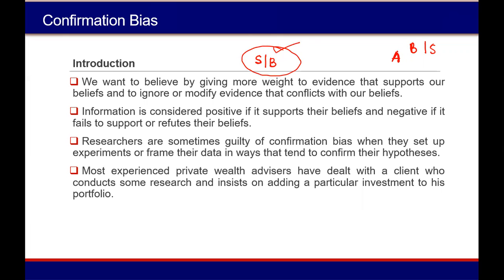So researchers will try to modify their research, the statistical methodology, to adjust the methodology in a way so that they get the same kind of findings that Fama got in the Asian market. But in reality, it might be different. Have you got it? Yes, sir. So this is the way researchers exhibit confirmation bias.